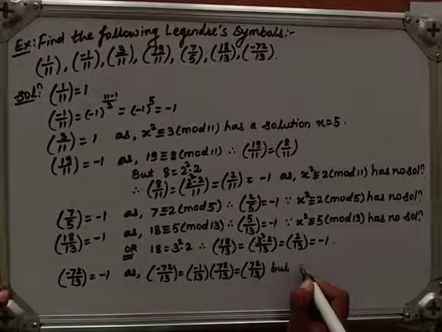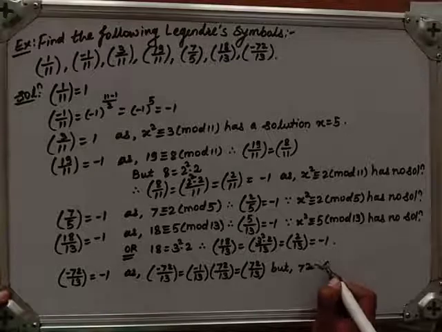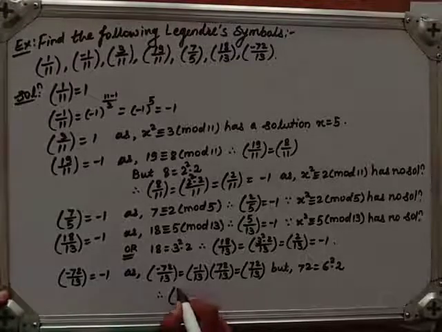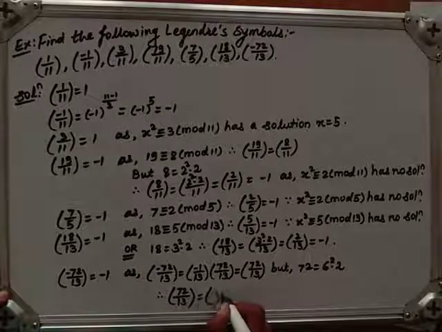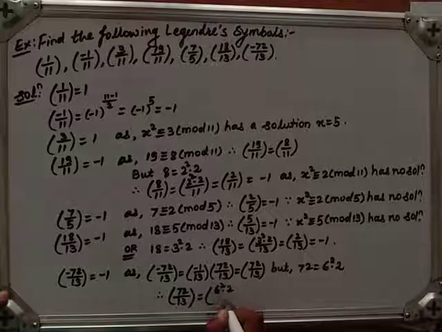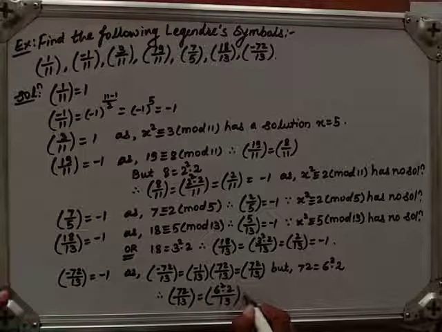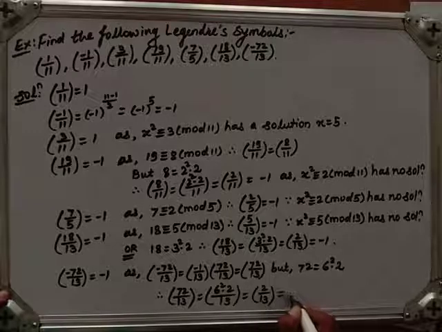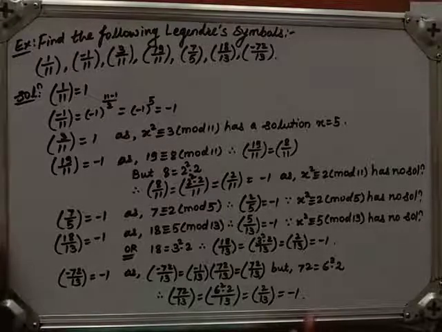But 72 is equal to 6 square times 2. Therefore, Legendre symbol of 72 by 13 is the same as Legendre symbol of 2 by 13, and that is equal to minus 1. As such, we can solve the examples.